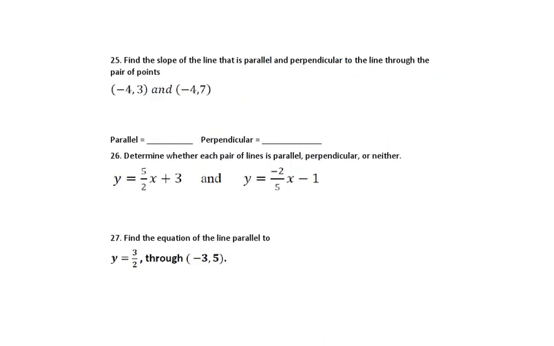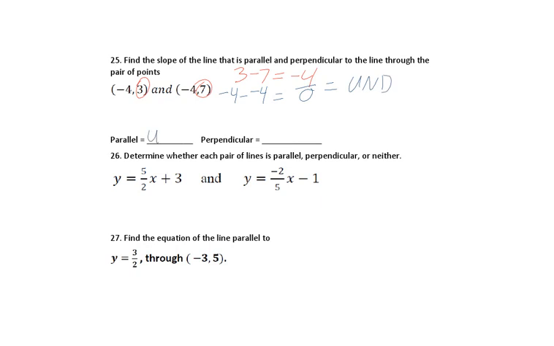25, same thing. So, subtract the y's. First, 3 minus 7 is negative 4. Then negative 4 minus negative 4, that is actually 0. But any number divided by 0 is always undefined.